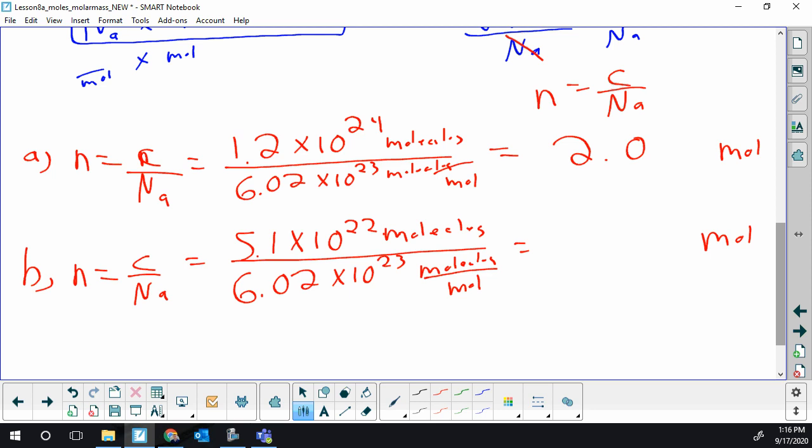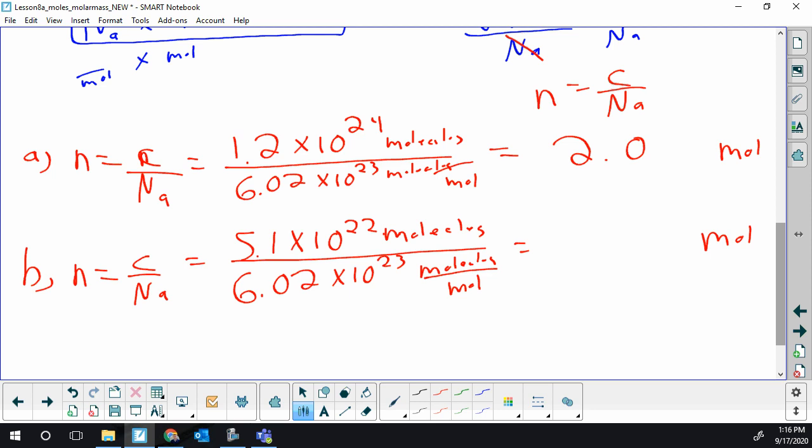Is this number bigger than Avogadro's number like before, or is it smaller? It's now smaller. Power of 22 versus Avogadro's number has 23, 6, and then 23 digits before you get to the end. This has a 5 and then 22 digits, be it a 1 or a bunch of zeros.